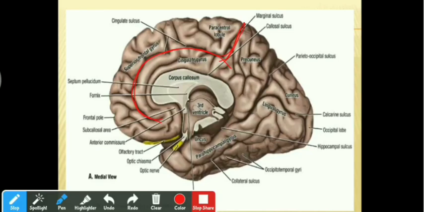The cingulate gyrus is the area between the corpus callosum and the cingulate sulcus. The callosal sulcus separates the cingulate gyrus from the corpus callosum. So this is the callosal sulcus.